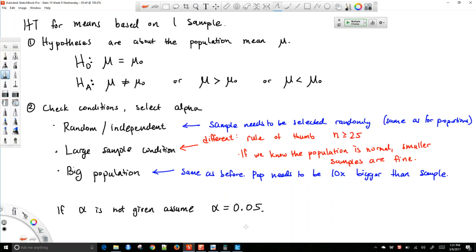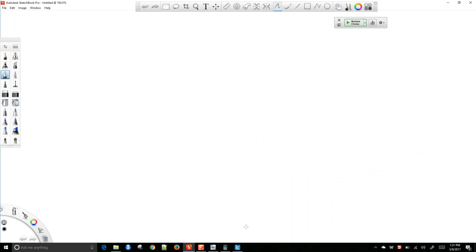All right, and then we do our calculations to get our p-value. Okay, and so we start by finding the standard error.